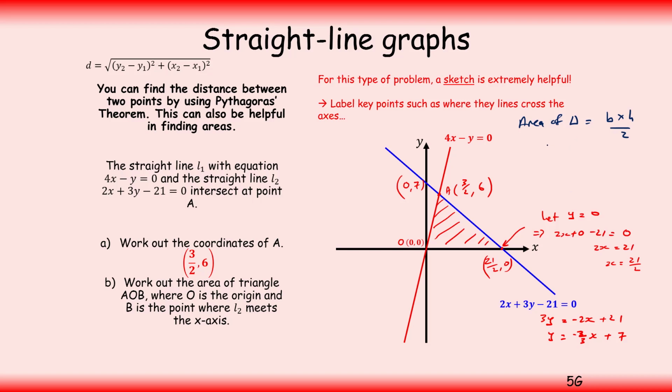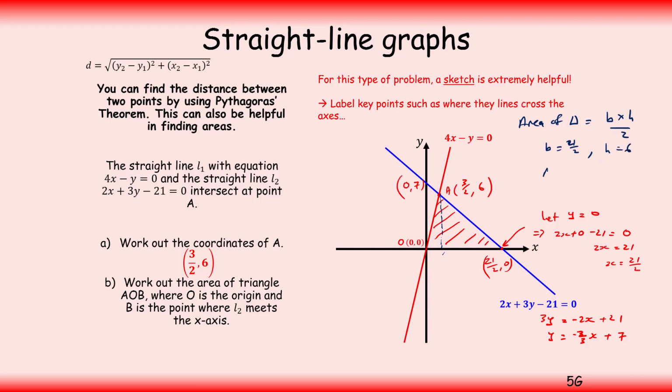So base is 21 over 2. And then the height is from this point, I draw a straight line as best I can down to there. So the height is going to be from 6 down to 0. So the height is 6. H is equal to 6.